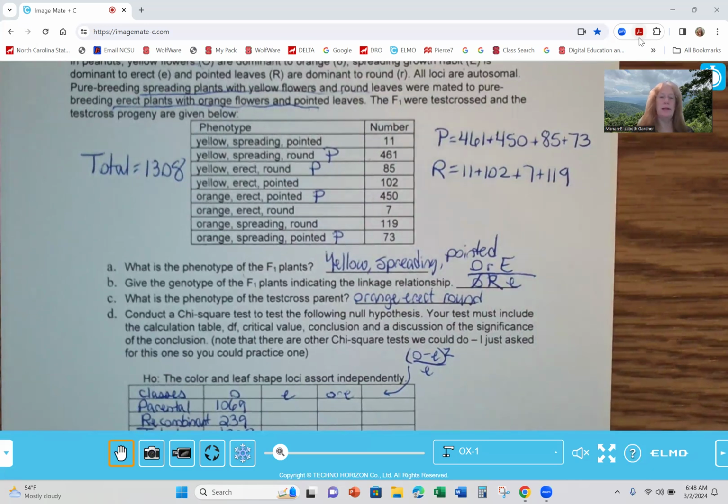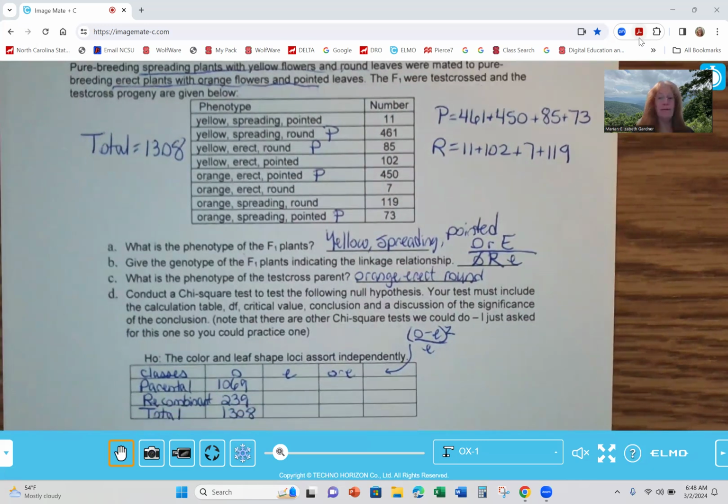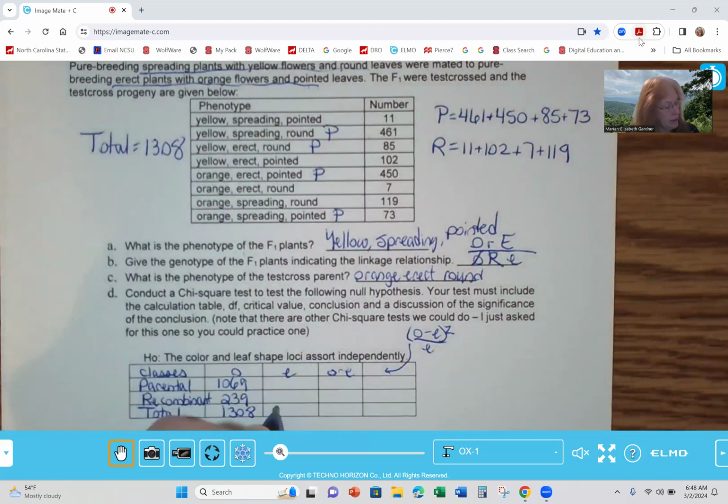This was a test cross. If we did not have linked genes, in other words, if those genes assort independently, we expect half to be parental and half to be recombinant. So of our 1,308, half of that is 654.